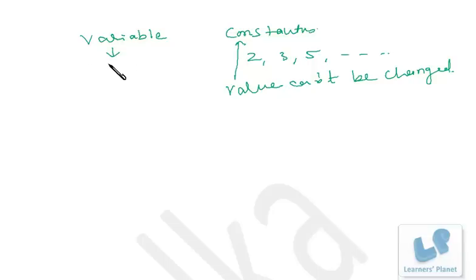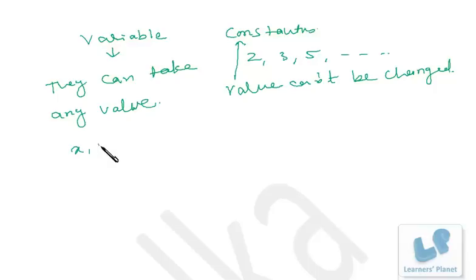As I have discussed just now, they can take any value. Generally, we represent variables as x, y, z, maybe a, any alphabet we use to represent variables.